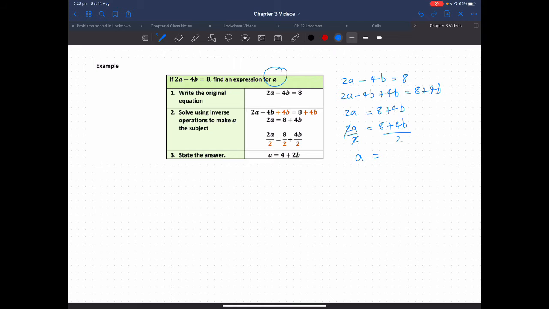Now, what I'm going to do is say 8 plus 4b over 2 is 8 on 2 plus 4b on 2. 8 divided by 2 is 4. 4b divided by 2 is 2b, so I have 4 plus 2b. That is what a is equal to. Now I'll show you how to do that on the calculator.